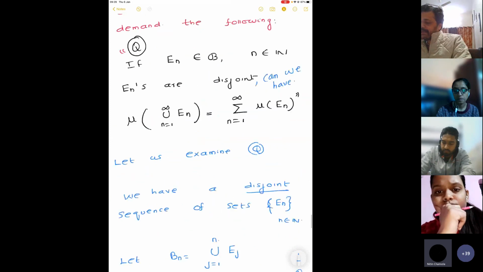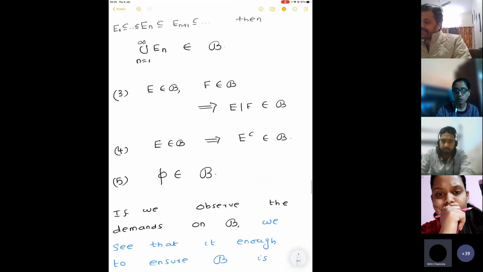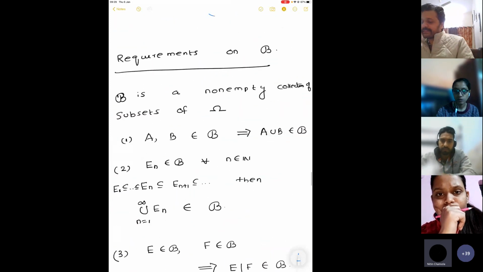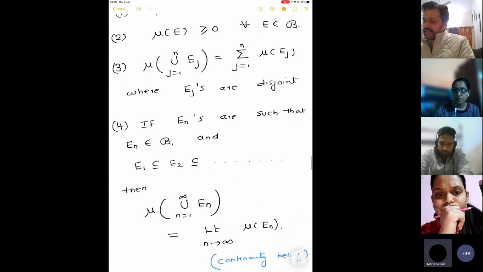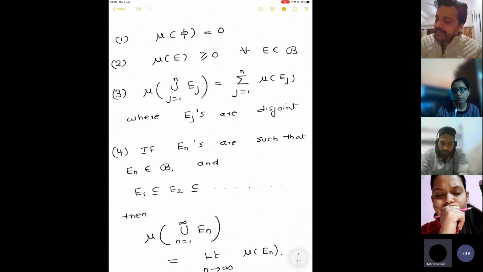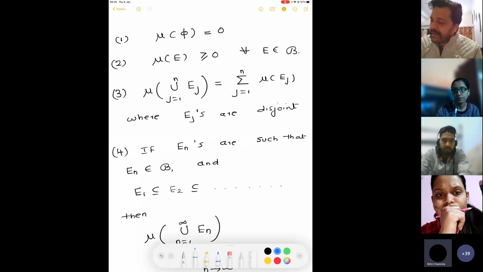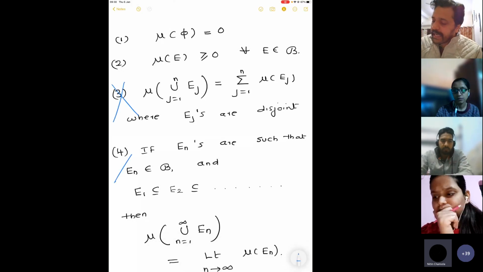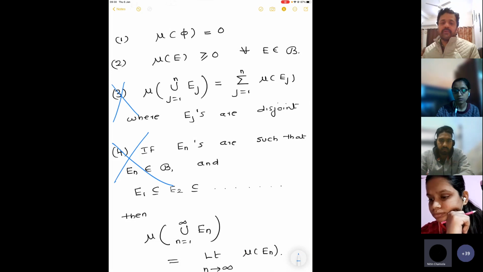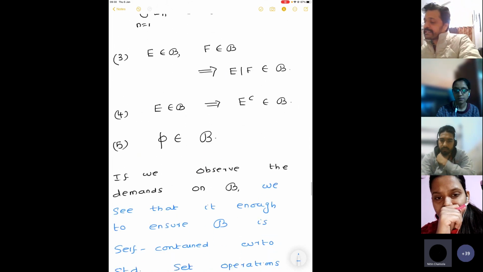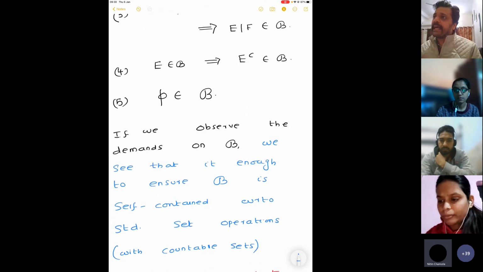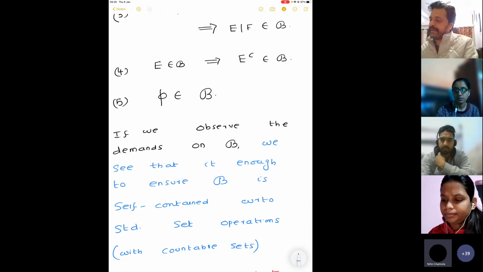Though in motivation, 3 and 4 are more important. I can cancel this 3 and 4 and replace it with a single condition. But if I had given the single condition in the beginning, that does not motivate how things happened.